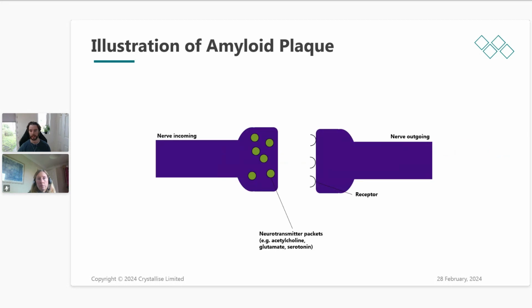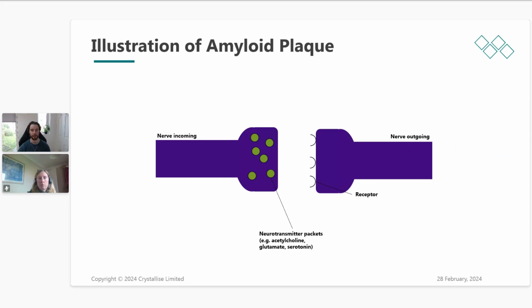In order to understand how these treatments are having an impact on the progression of dementia for Alzheimer's disease, I'll quickly give a very simple illustration of what Alzheimer's disease actually does to the brain.